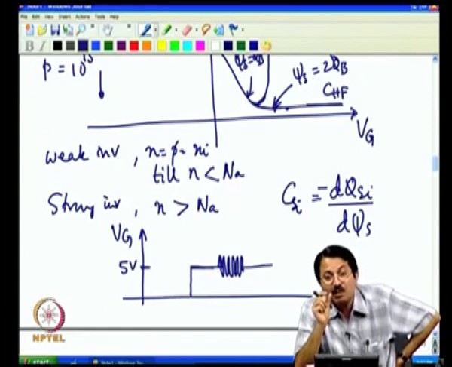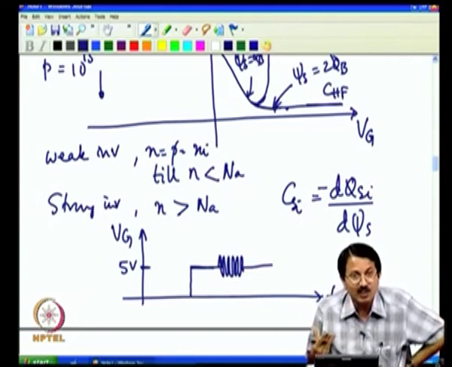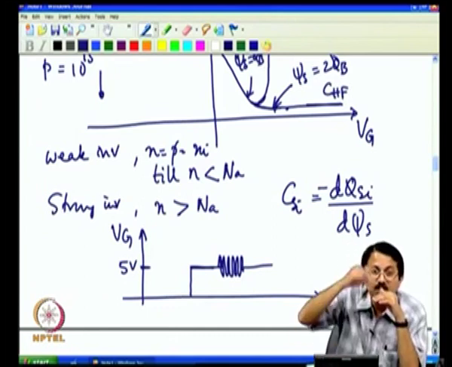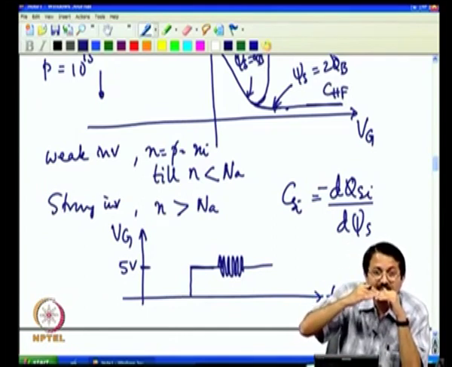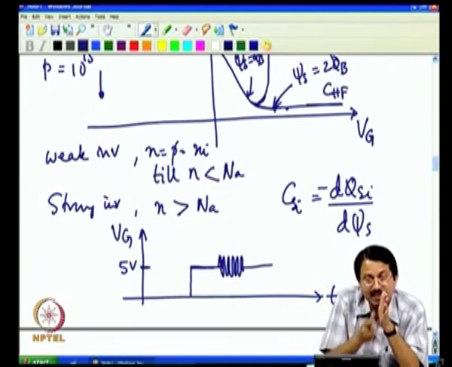If the generation time is 1 second or 10 seconds, in microsecond you can't generate those carriers, electrons are not generated, and hence whenever I am changing the gate charge, the charge that is responding in silicon will not be minority carriers at the interface.